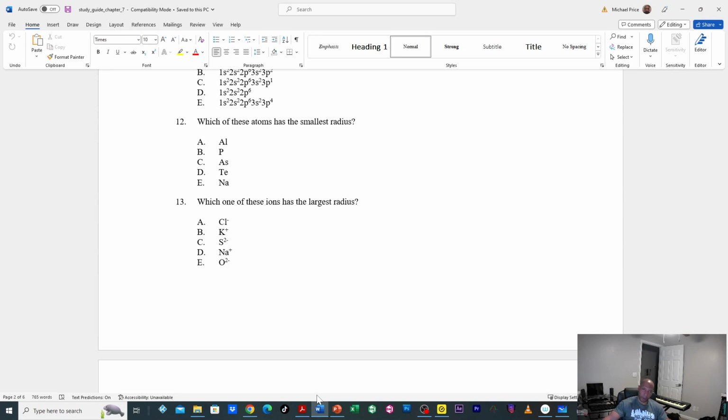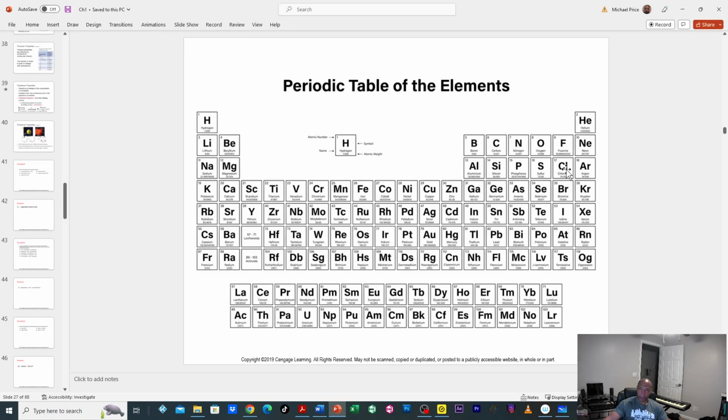So a cesium +1 would be bigger than a lithium +1. But most of the time you're going to compare things that are isoelectronic, so they have the same electron configuration. If they're isoelectronic, the greater the negative charge, the larger the radius. The greater the positive charge, the smaller the radius.